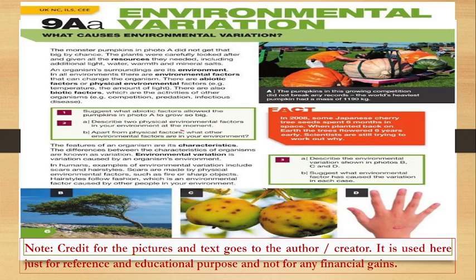Now let us see. We will read and understand. This particular chapter is on environmental variation. A part of environmental variation we will be discussing today, and we will come to know what actually is called environmental variation. Like you can see here in this photo, a monster pumpkin is shown.